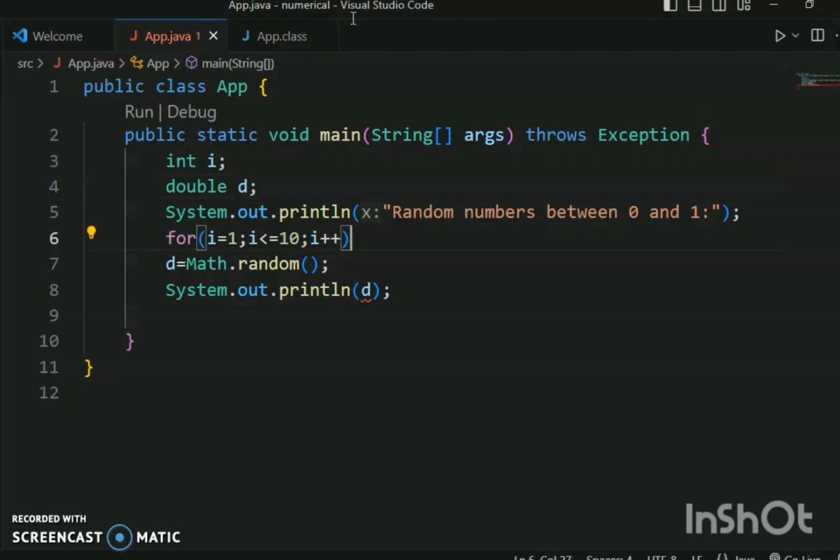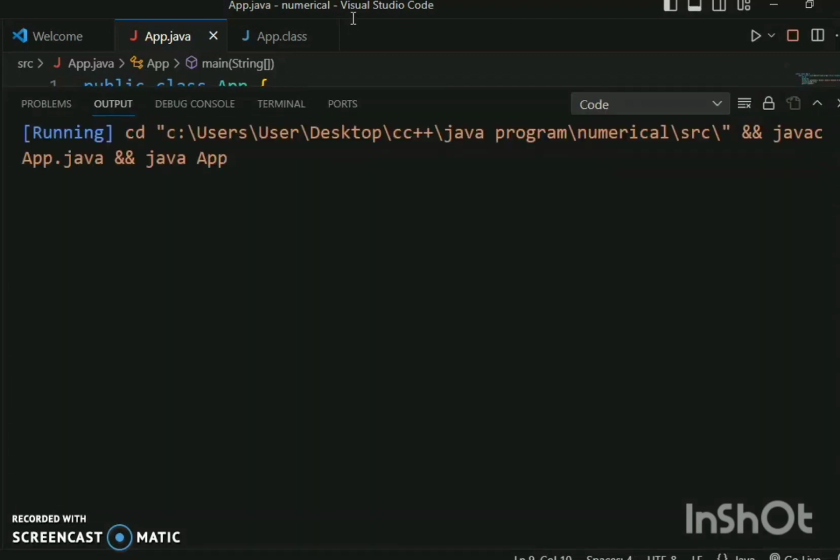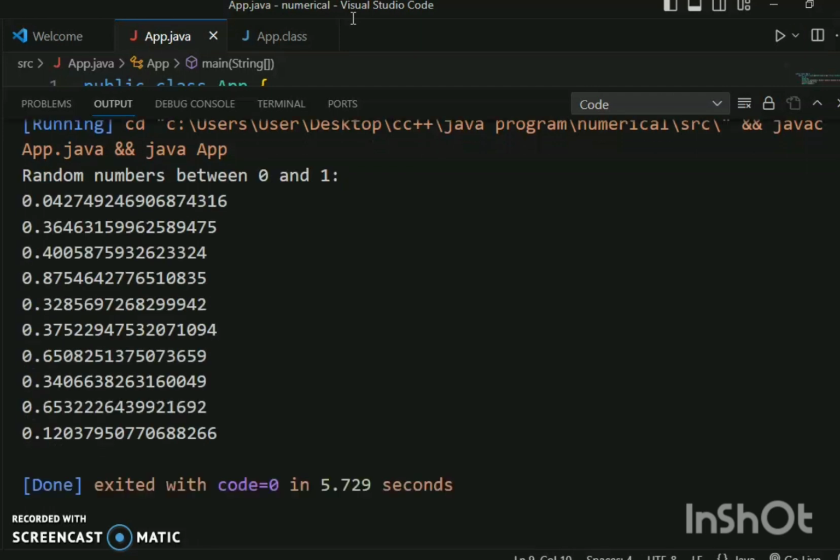There is a great blunder mistake, that is this, and here I have to use a for loop. I used the for loop. Now next I check again. So this is my total output: random numbers between 0 and 1. This is my Math.random.